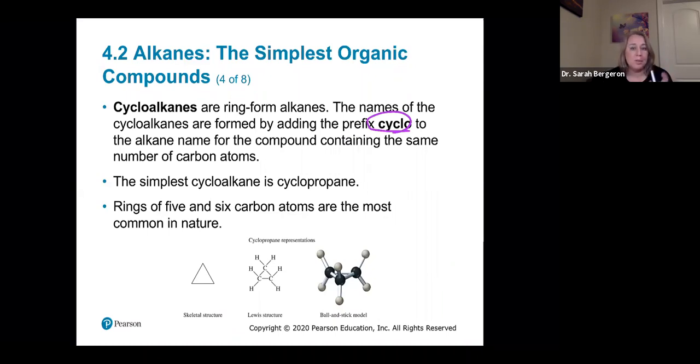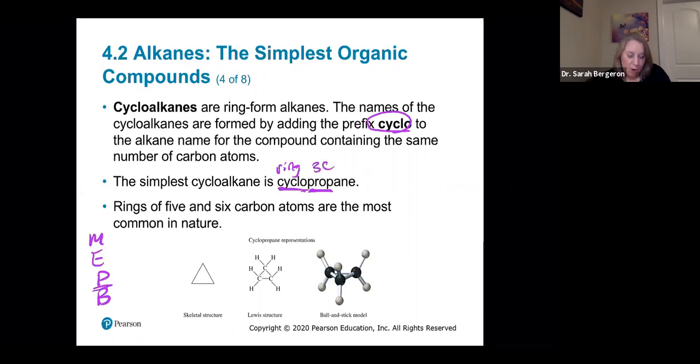The simplest form of a cycloalkane is cyclopropane. Remember, me eat peanut butter. Cyclo tells us it's a ring. Prop tells us that we have 3 carbons.